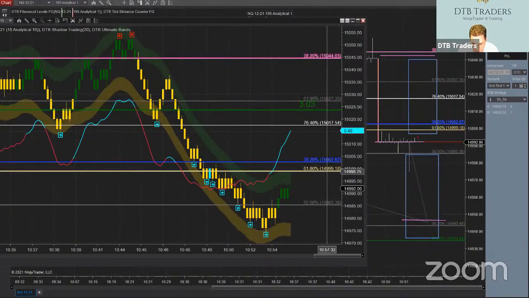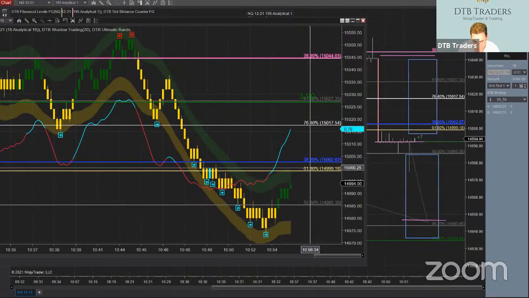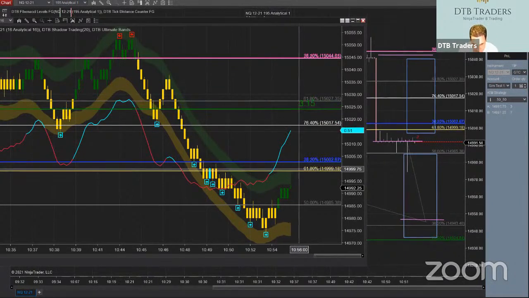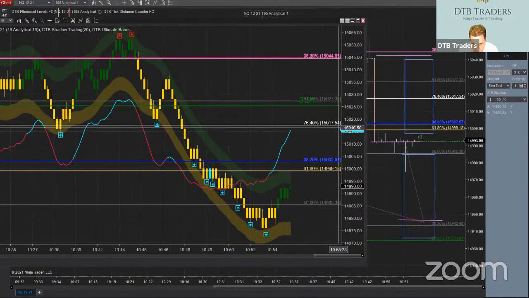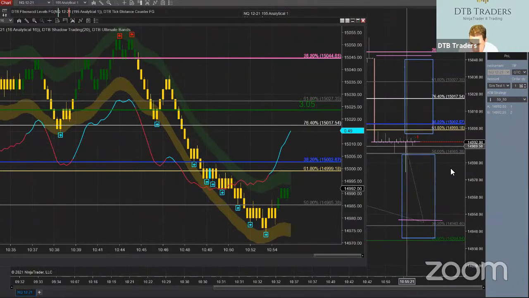So what you would do here is look for a signal to tell you that the price is going to be going down. At the moment, it's showing the price going up. Momentum line is up. So when would you look for a signal? We're on the baseline right now.